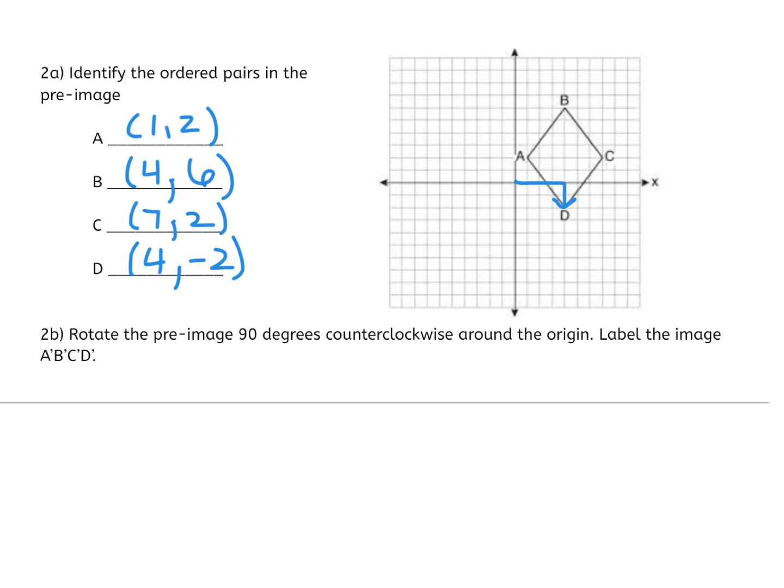Okay, now we're going to do a 90 degrees counterclockwise turn about the origin. We're going to go back this way. So if you're using your patty paper, you may want to mark the origin first. And now we're going to move 1 quadrant. 90 degrees is a 1 quadrant move. So we're going to go back 1 quadrant.